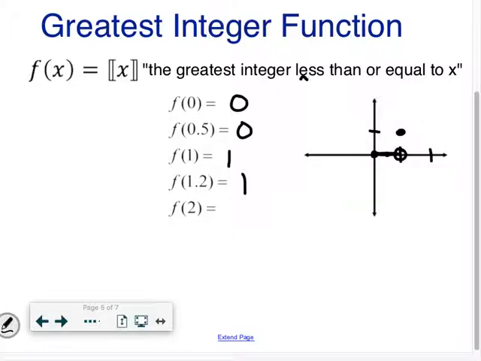It has to be less than or equal to. Okay? So they all go back to 1, but then when you get to 2, the greatest integer of 2 is 2. So this is not a point because it jumps up to 2 at that moment. And all the decimals of 2 go back to 2 until you get to the next integer, 3. And so you're building the steps.